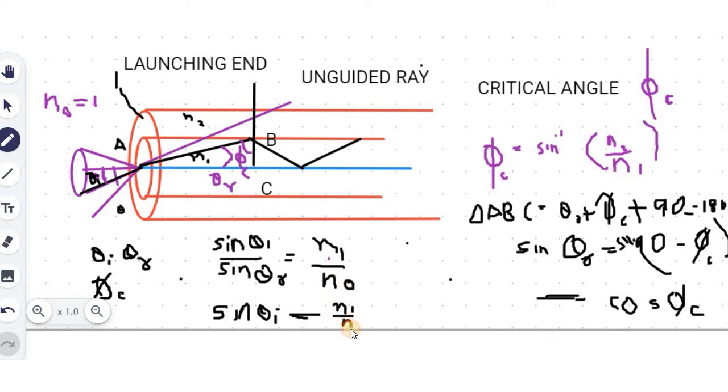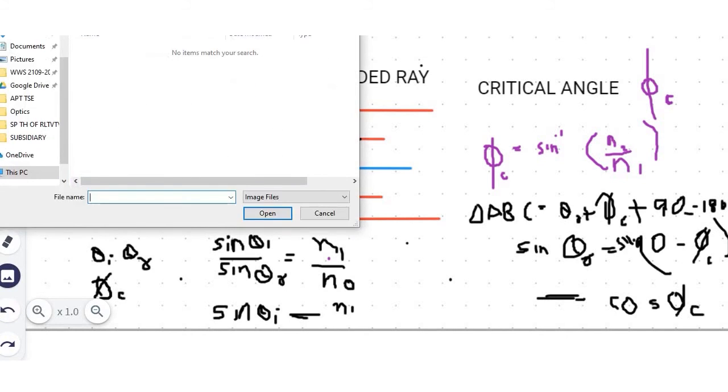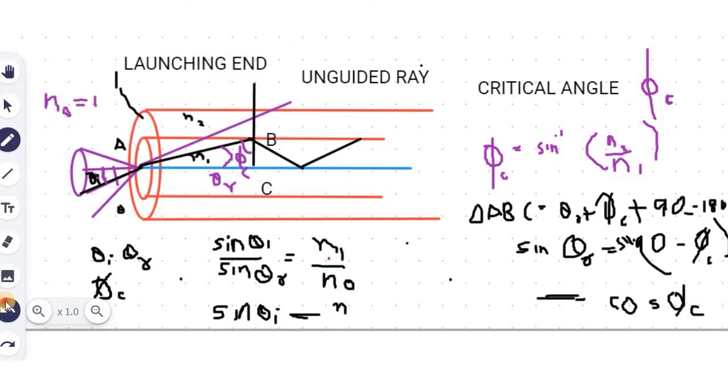Hope you are writing along with me. So what equation have you got? Sin theta I is equal to n1 by n0 into cos phi c. Just note it down.